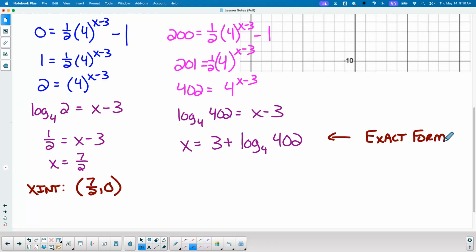If we are asking for it rounded, then you can go to the calculators and figure out what it is. And I get here 7.325526. So we could also say that x is equal to 7.326.